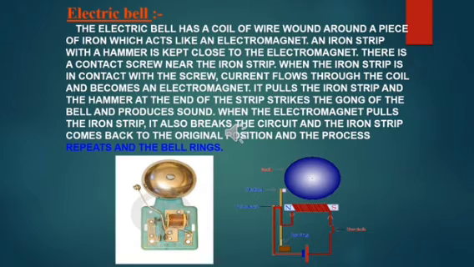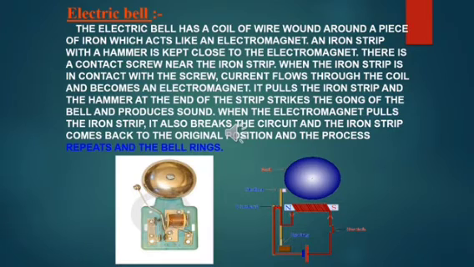So when the electromagnet pulls the iron strip, what will happen to the circuit? It will break the circuit. It is pulling it. Are you understanding? See, you can see that contact place over there. So when that strip is pulled, the contact is broken, and there will be no flow of current.